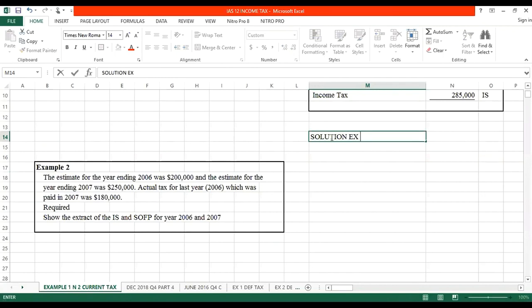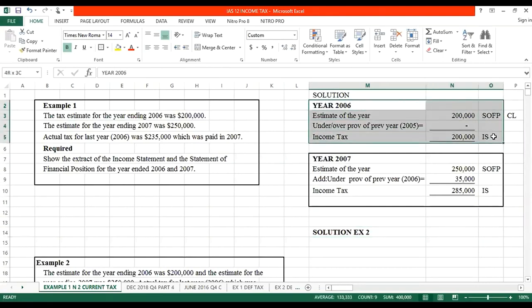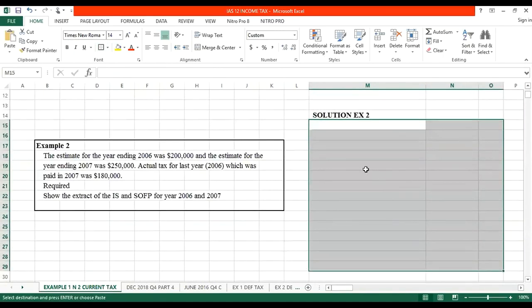Example 2, so the solution for example 2. Just be patient with me. It is something different, so that's why I'm doing it. It gives you a different scenario. Let me just copy this so that I save time. I'll copy that and come and paste it there.